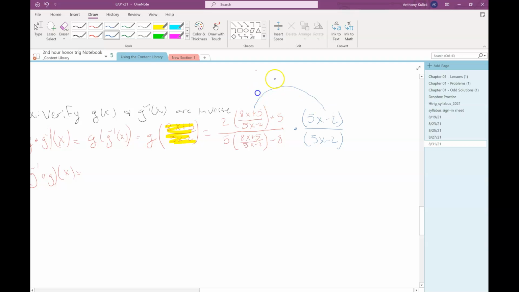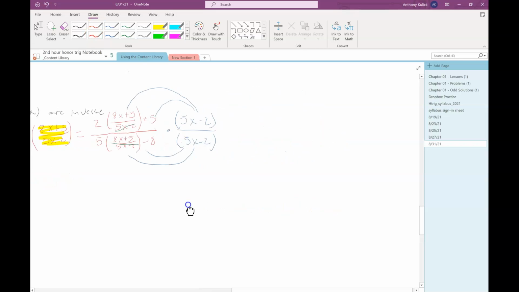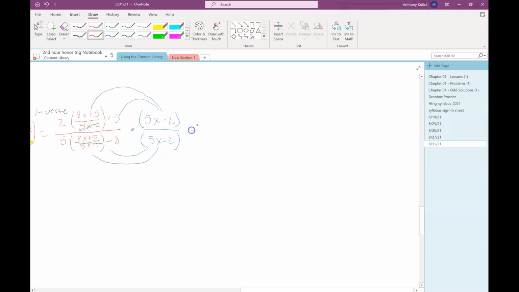So when it distributes, it's going to distribute to these two places, and that denominator is going to cancel out. And that's going to cancel out, right? And it's okay to do that, to multiply by 5x minus 2 divided by 5x minus 2, because all I'm doing is multiplying by 1, really, right?